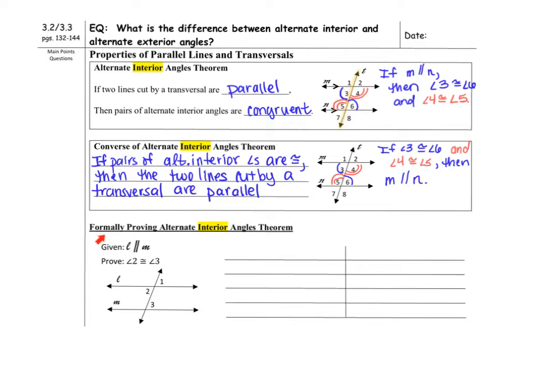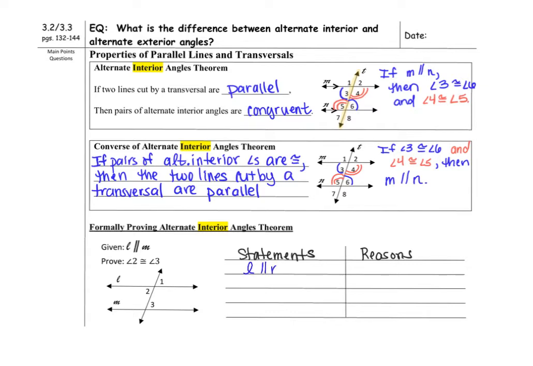So now let's formally prove the alternate interior angles theorem. On the left-hand side, you have your statements, and on the right-hand side, you have your reasons. We're given that line L is parallel to line M, so that's my first statement.